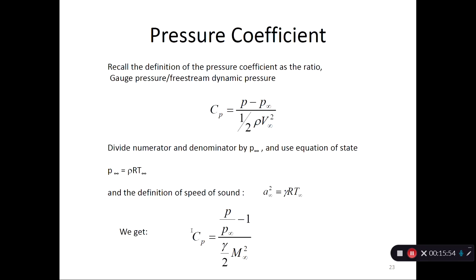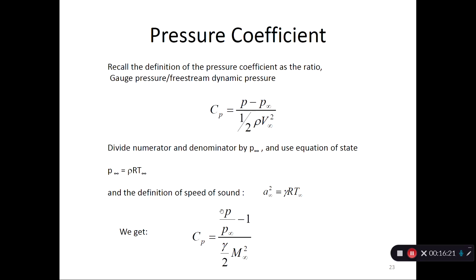Now we need an expression for pressure. We know the conventional expression for pressure coefficient is P minus P infinity, which is the gauge pressure, divided by 1/2 rho V infinity squared, which is the dynamic pressure. If I divide both the numerator and denominator by P infinity, this will become P over P infinity, and this will become 1.